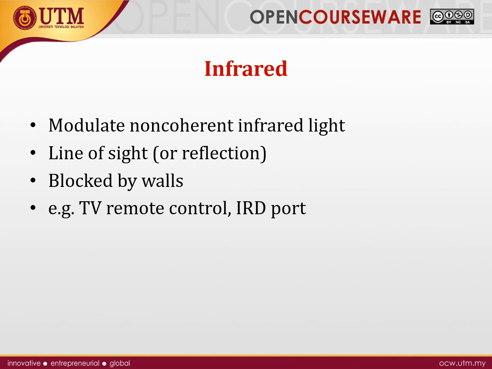The TV remote control is one of the infrared examples, and it can be blocked by walls, so its range is very short. It could be line of sight or reflection, and it modulates non-coherent infrared light.